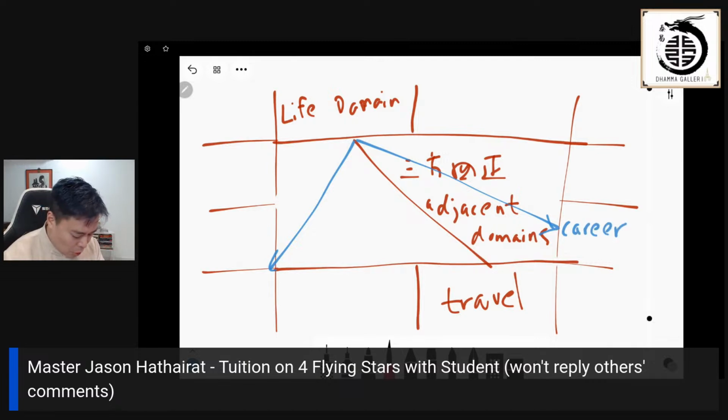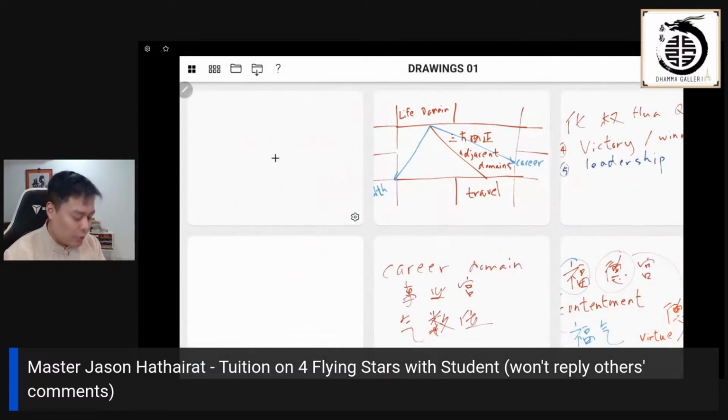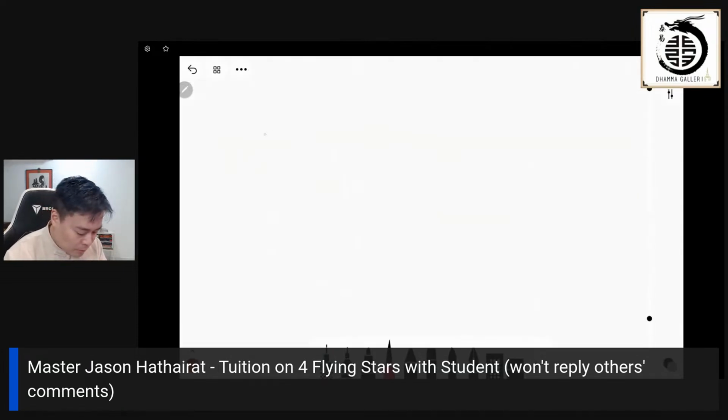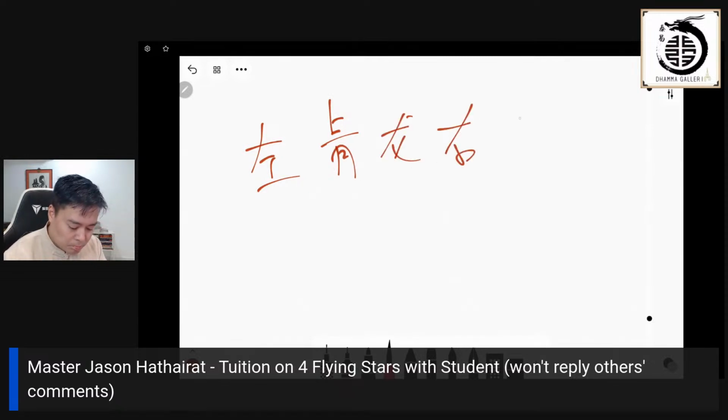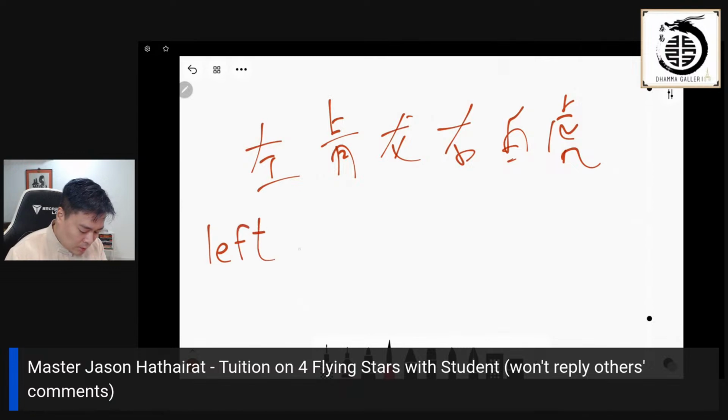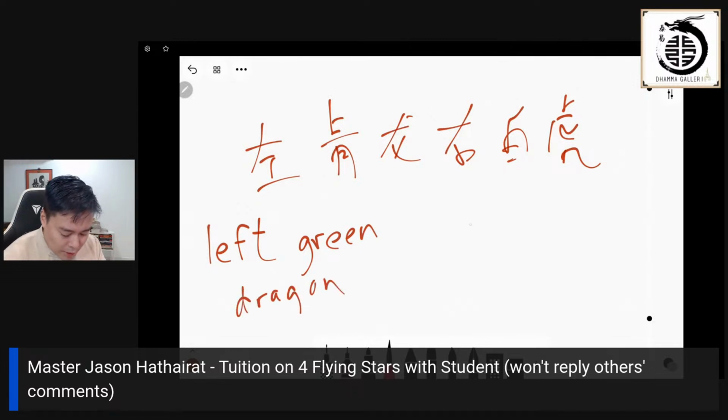If you have ever heard about the concept called 左青龙右白虎, I don't know whether you have heard about this before. It's very much like saying that the left is the green dragon, whereas the right is the white tiger.